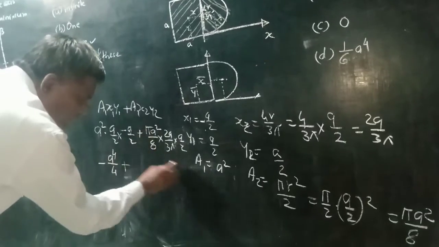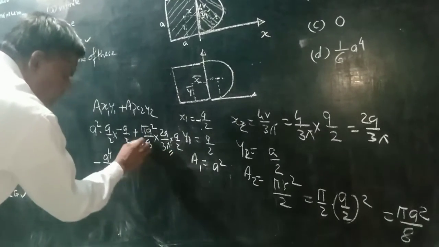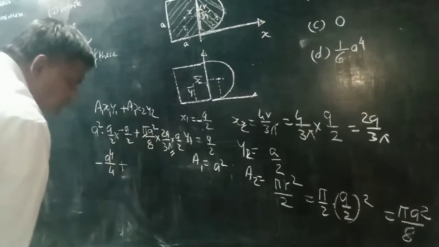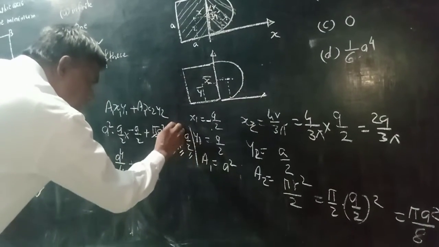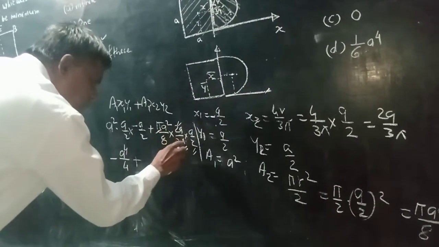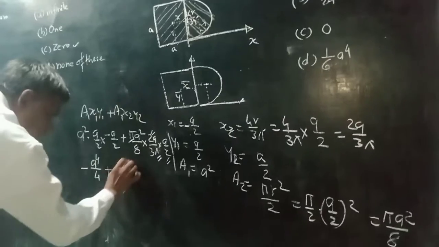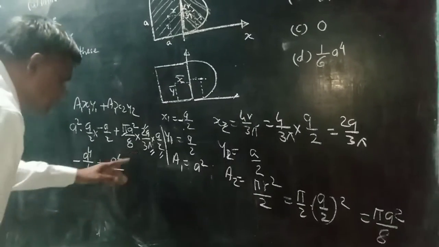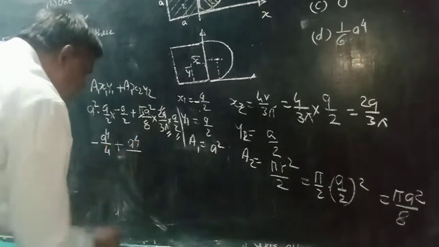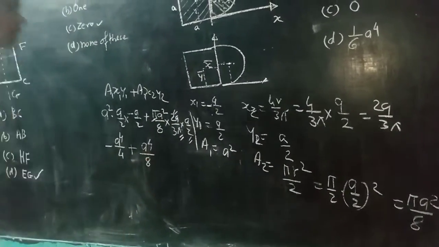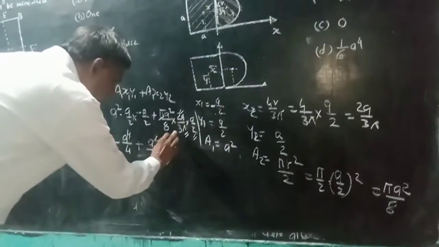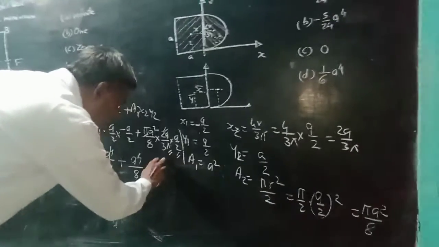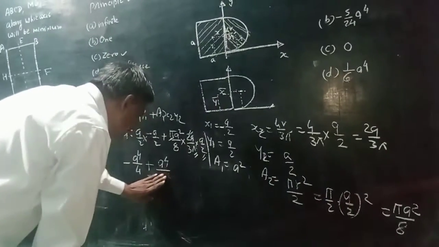And pi and pi cancel, and 2 and 2 cancel, and this is a 4 by 8 into 3, 8 3 is 24.